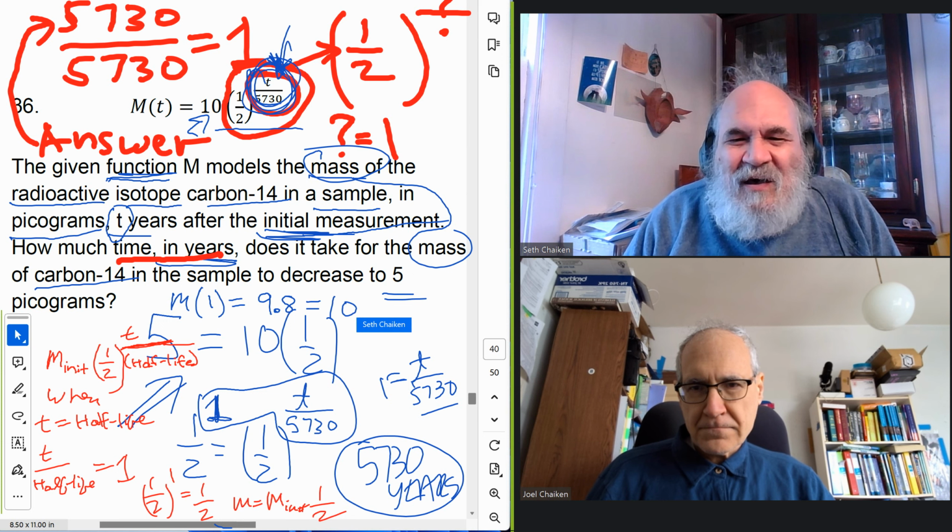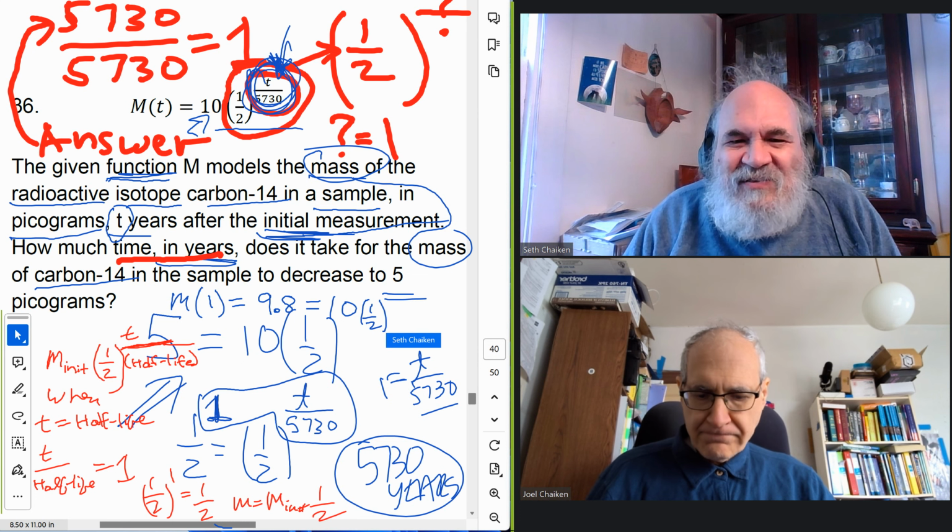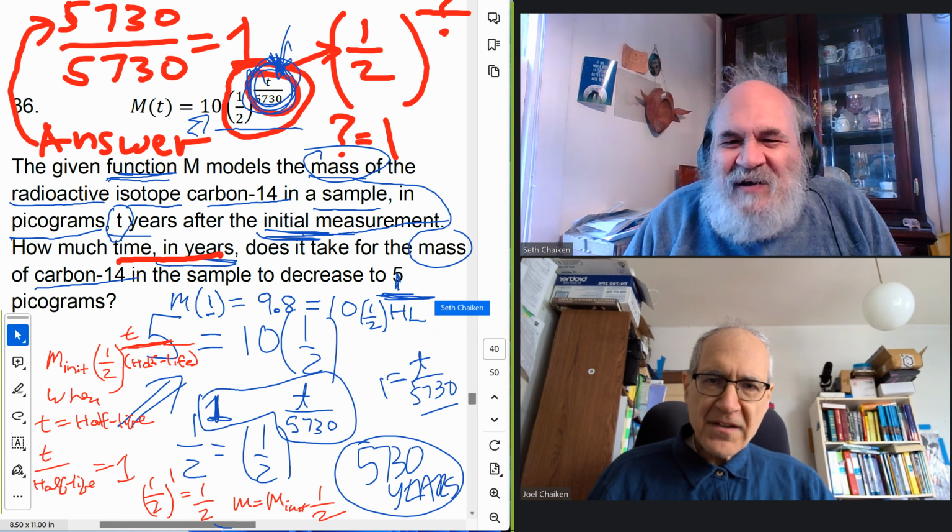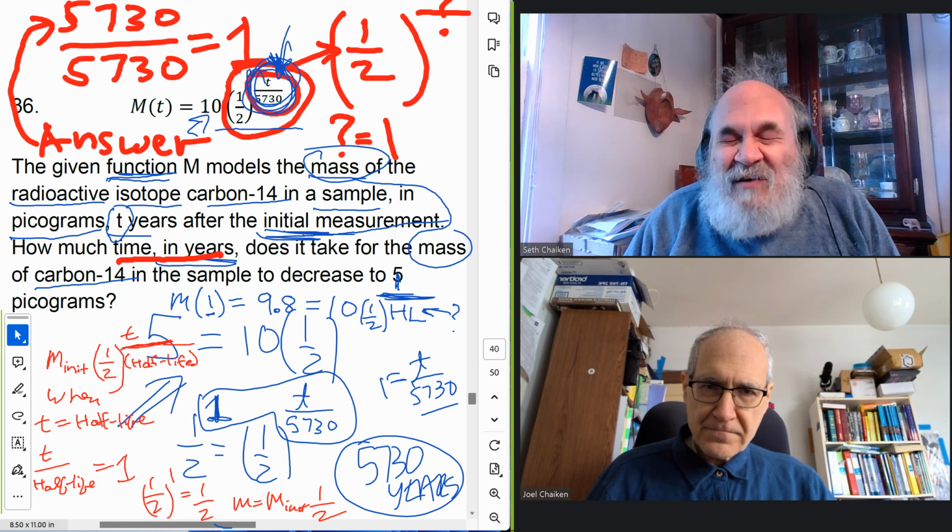So you write 9.8 equals 10 times a half raised to, well, the 1 is t, so it's 1 over the unknown half-life. You want to find out what the half-life is, so you can solve for this.